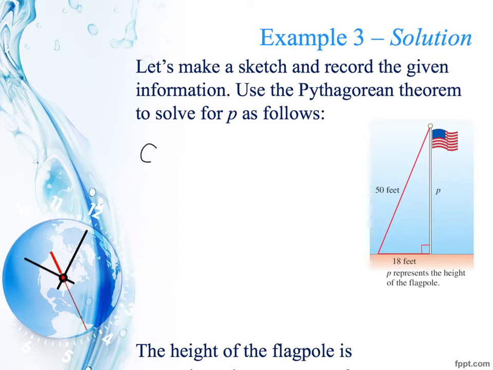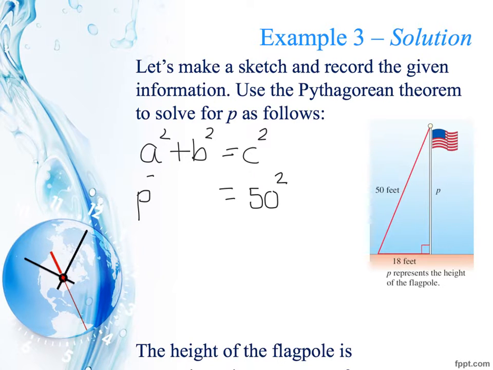So our Pythagorean theorem again is a squared plus b squared equals c squared. Now c has to be the hypotenuse, and in this case that is the length of the rope. So c squared would be 50 squared. A and b are going to be the two legs of the right triangle.